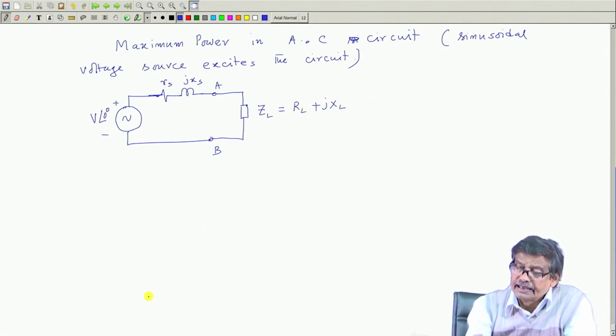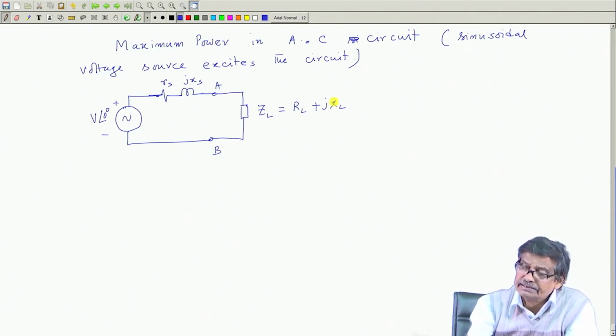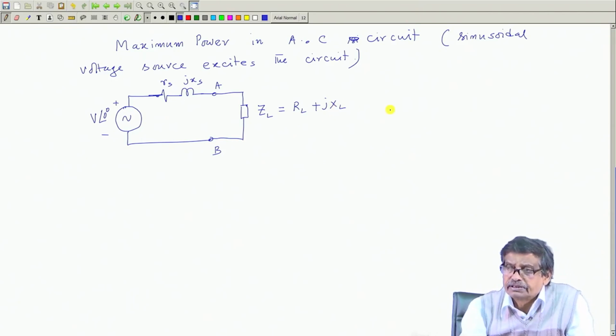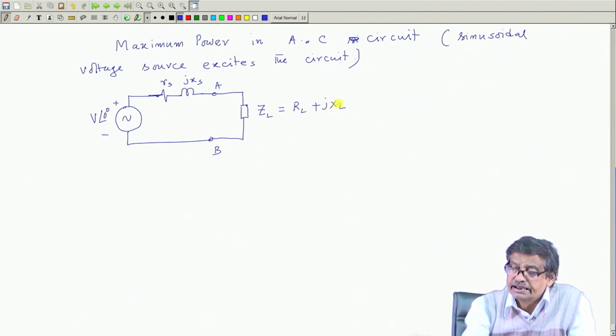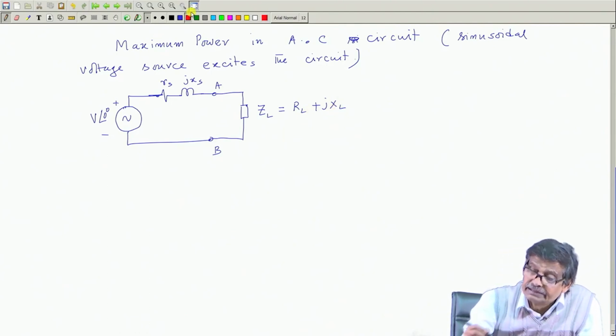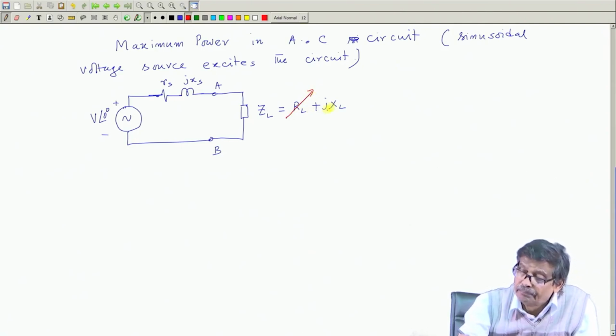If XL is positive, it is an inductive circuit. If the value of XL is negative, it is a capacitive circuit. And I am saying that I will be varying both of them.